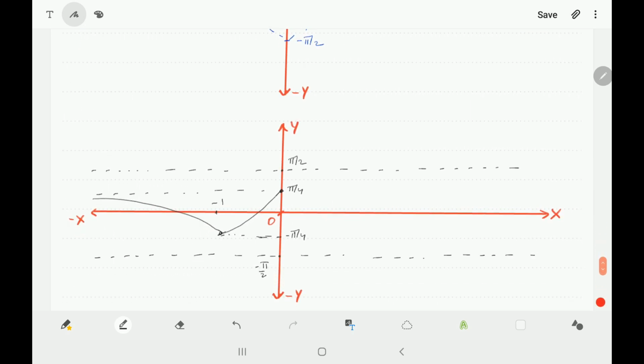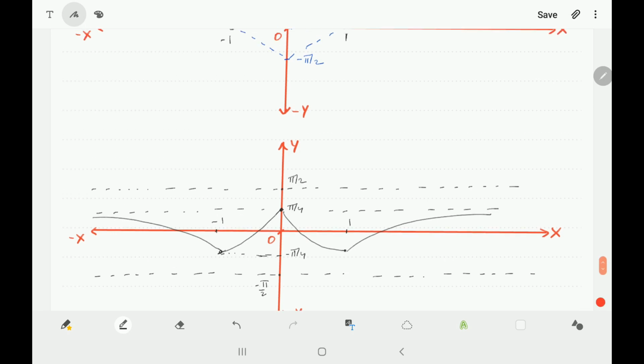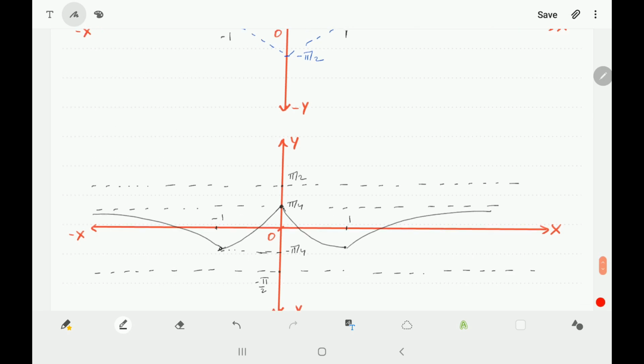Similarly on the other side, at 1 the function will go to minus pi by 4. Then you will have an asymptote at y equal to pi by 4. So this will be a horizontal asymptote.